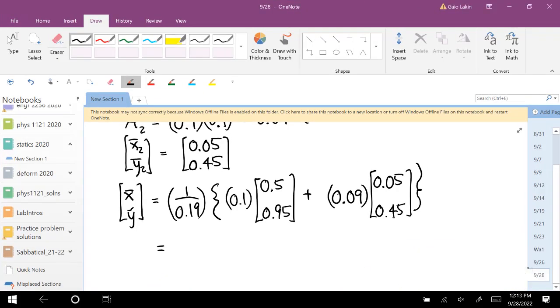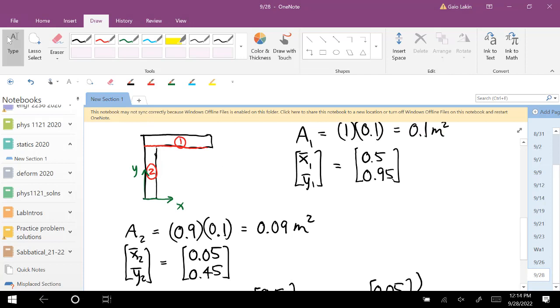Tell me if you get the same thing or a different thing. I got the centroid is 0.287. I'll call that 0.29. And y is 0.713, 0.7. So the centroid of this piece is not on the material.